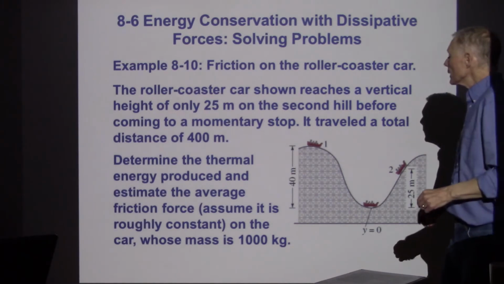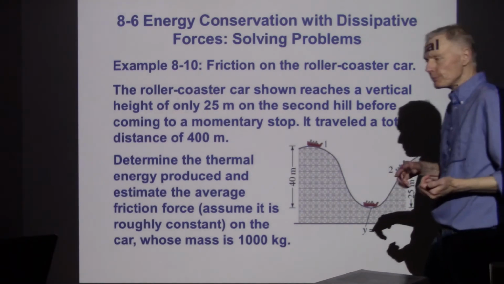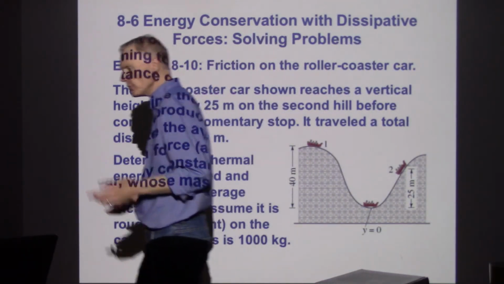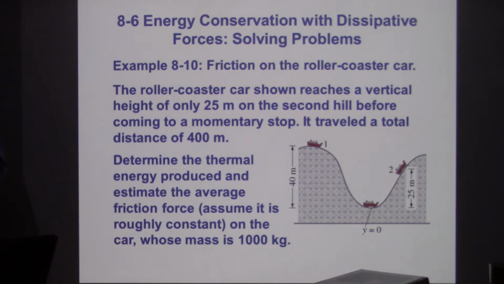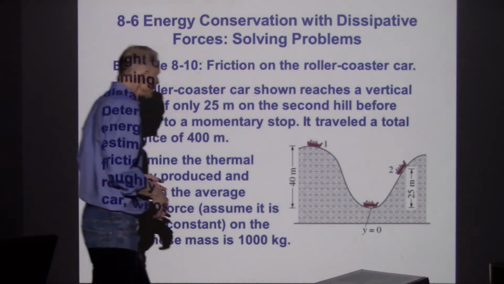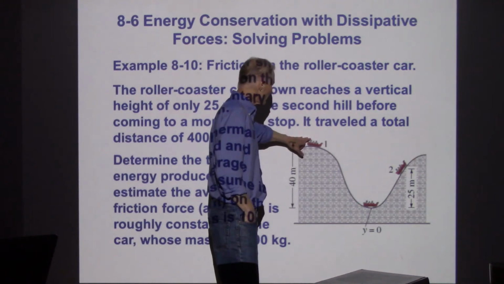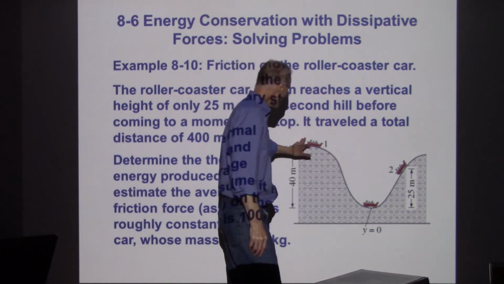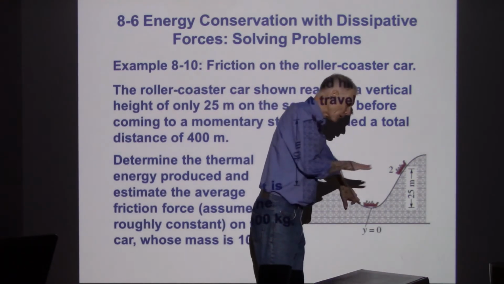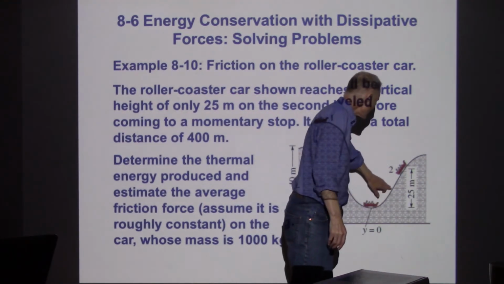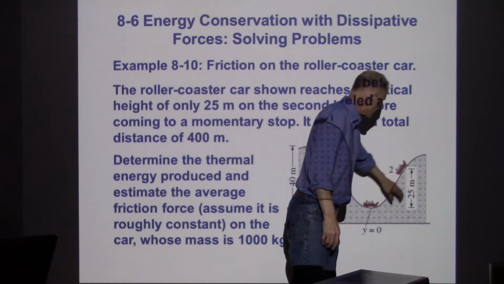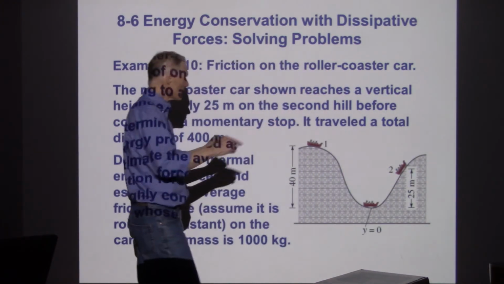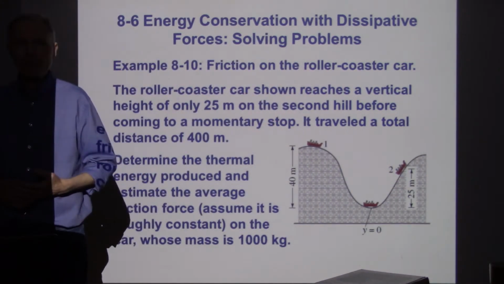Now, if there were no friction and no air resistance, none of these non-conservative forces, and we start at this elevation, then we'd be fine. We're going to go down here and pick up speed. We're not losing any energy, and that means we're going to have plenty of energy to get over this 25-meter height.